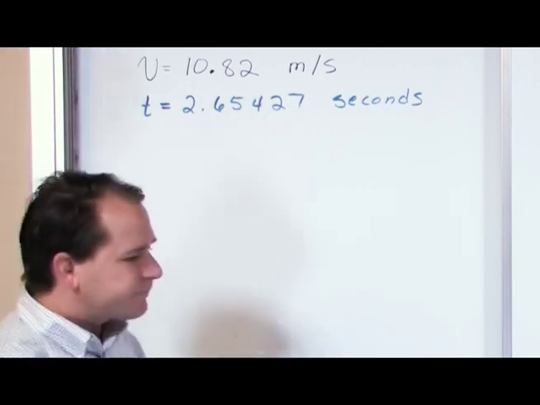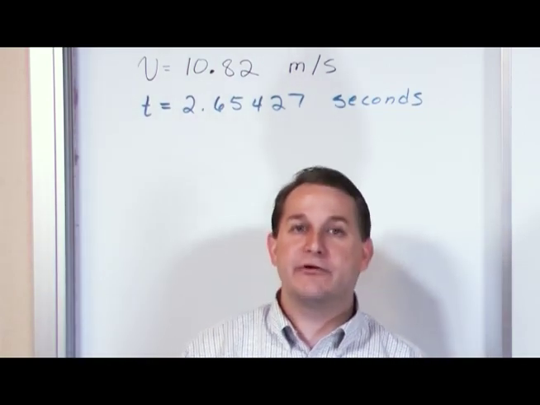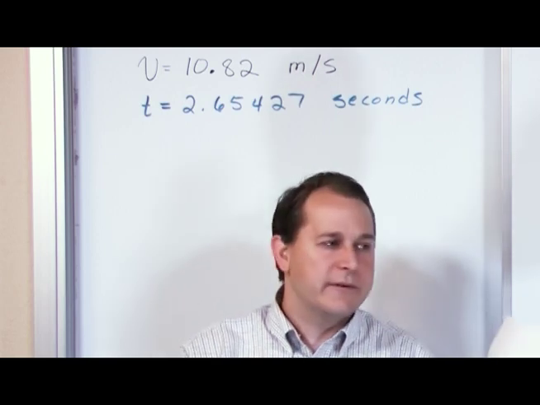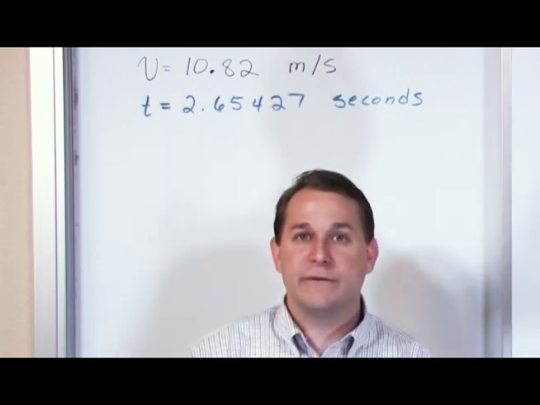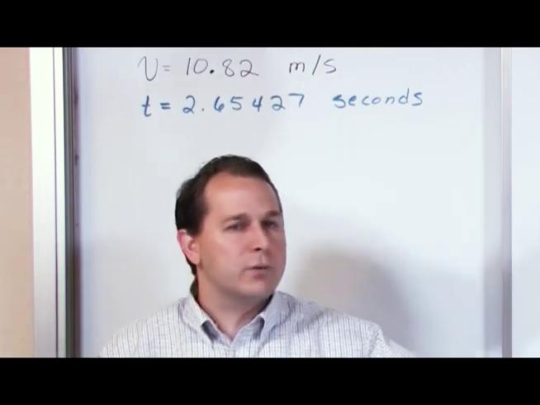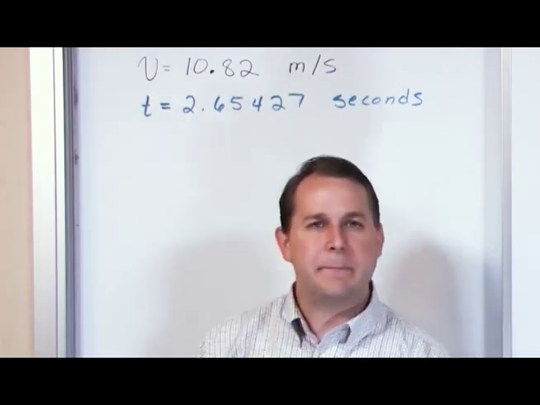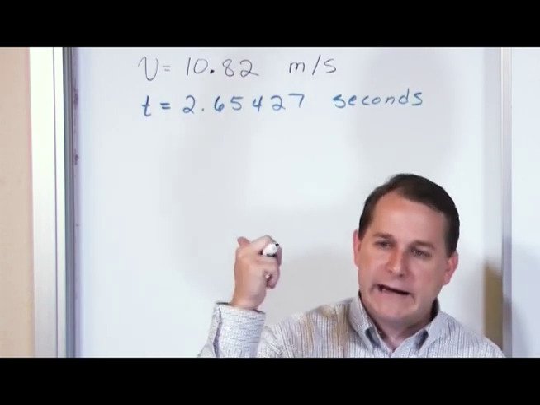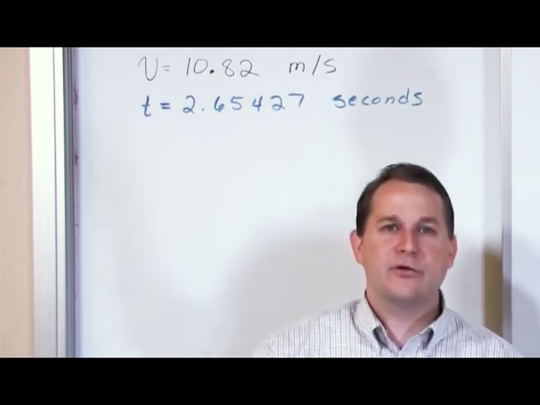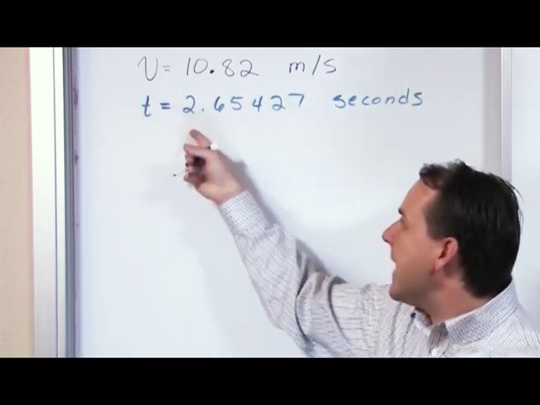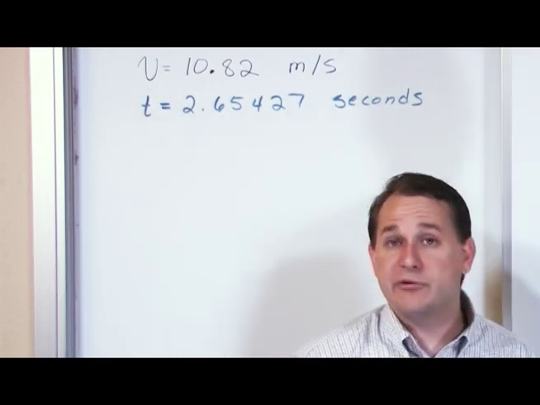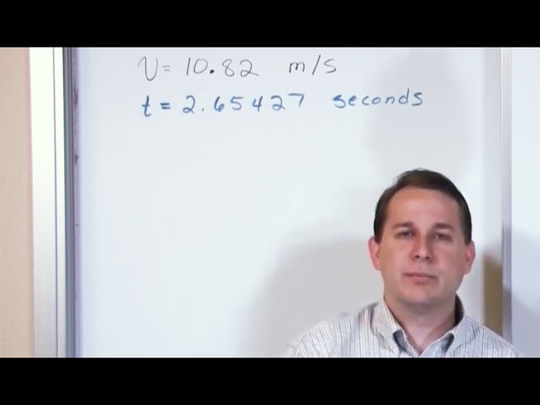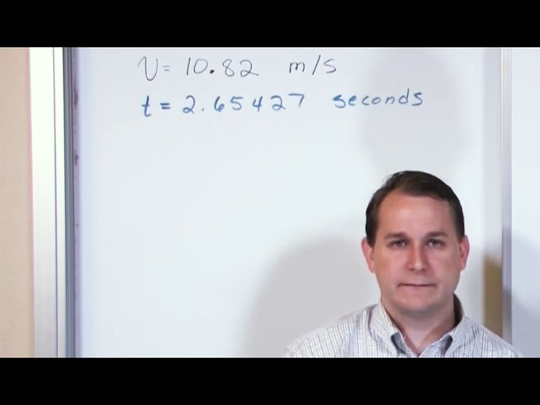Whatever device I used to measure the time, I was able to put more decimals after the decimal point because it was a more accurate representation of the true time. I measure the speed the best I can with the tool I have. I click a stopwatch, and I have more decimals because of the way that I'm measuring time. Maybe I have a really good clock, and so I'm able to put more decimals after the decimal point.